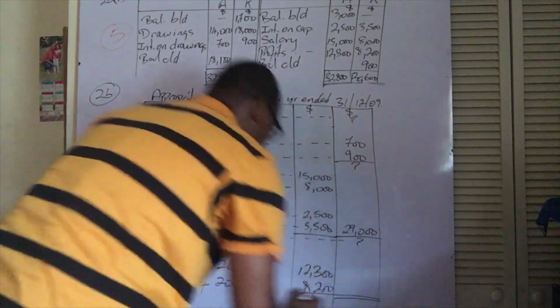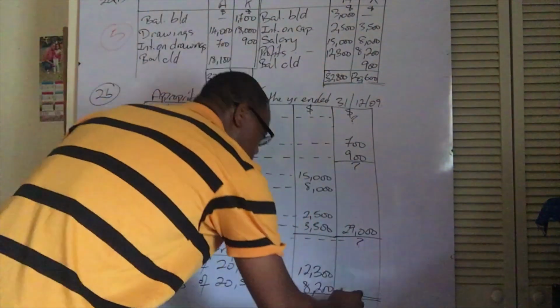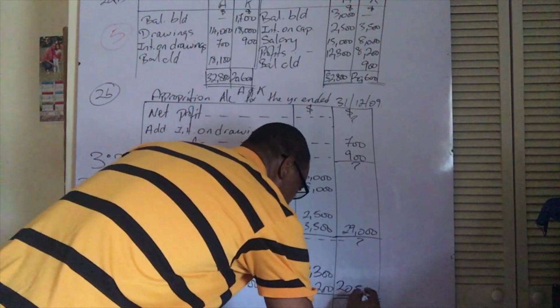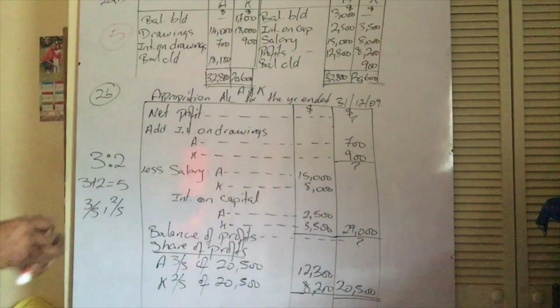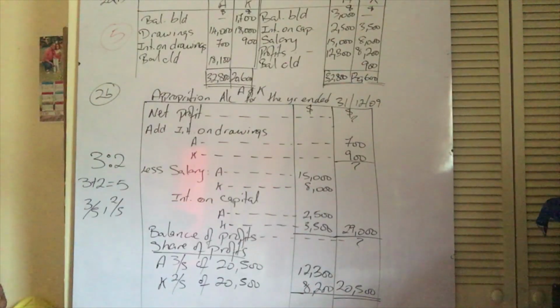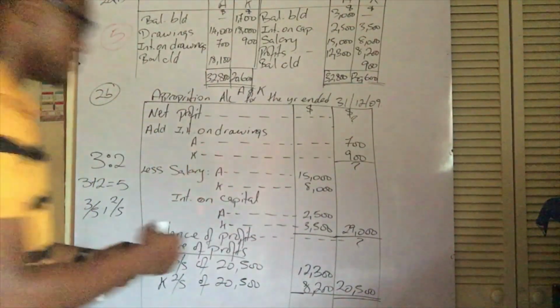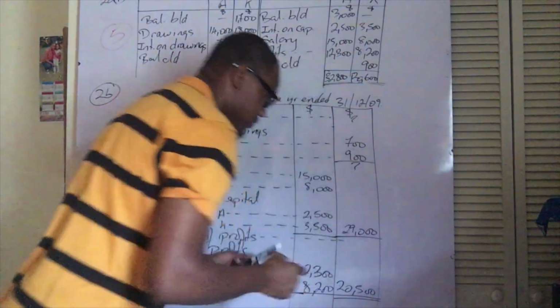And the thing about the appropriation account is when you share up the profit, then it's supposed to add up back to what this figure is, which is the 20,500. So now we can reverse engineer, right? So we know what the balance of profit is, 20,500.